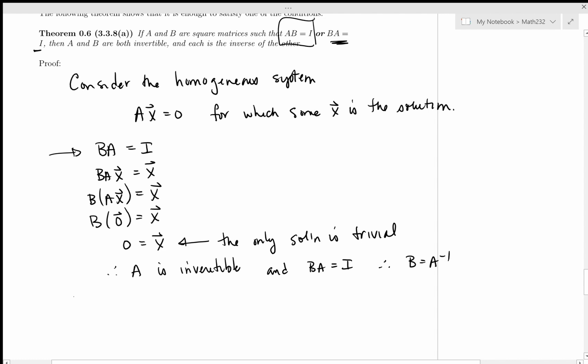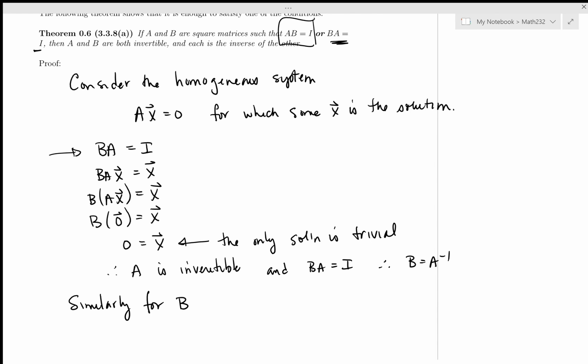And you do similarly for B. We just showed that A is invertible and that B is its inverse, so you can do the exact same argument starting out with AB equals I.